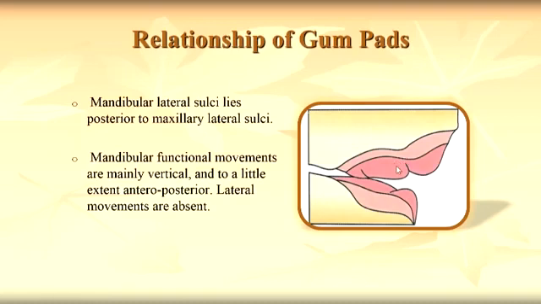The mandibular lateral sulci lie posterior to the maxillary ones. Mandibular functional movements are mainly vertical, with very little extension anteroposteriorly. Lateral movements are absent in this period, and this is a very important point.